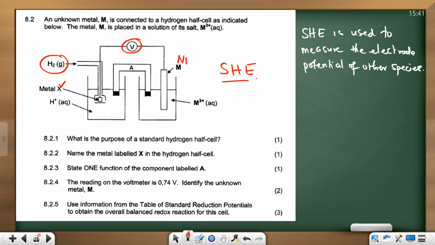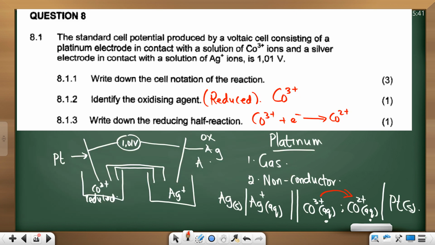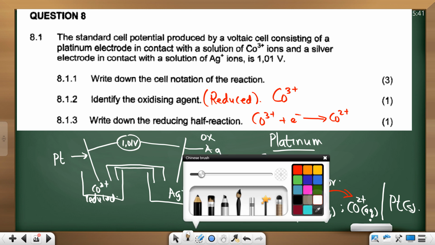Why is it platinum? Guys, I did mention that anytime we use a gas or a non-conductor, we use platinum. Why platinum?